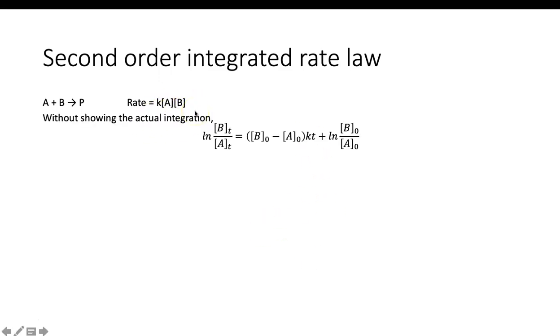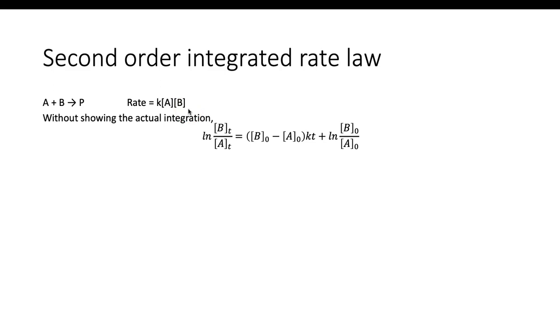So let's look at something you didn't do in general chemistry, which is the rate constants of a second order reaction where you have first order in two different components, which is a lot more common than just combining one component into making monomers into a dimer or something like that. So we have this rate law, first order in A and B. I'm not going to show the integration because it requires some algebraic manipulation.